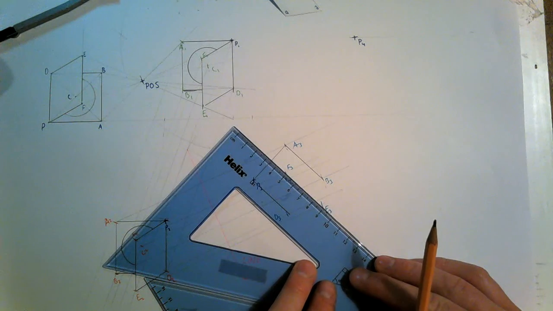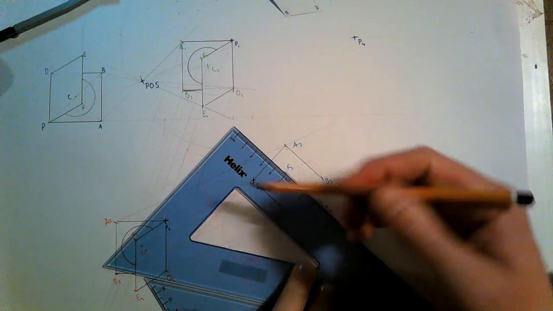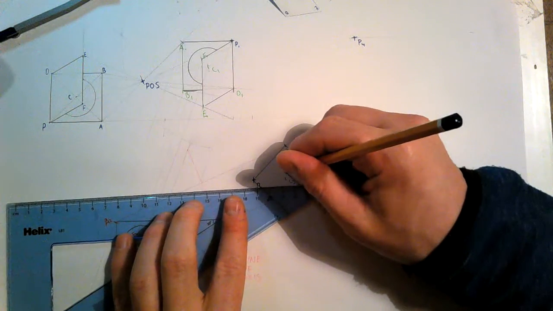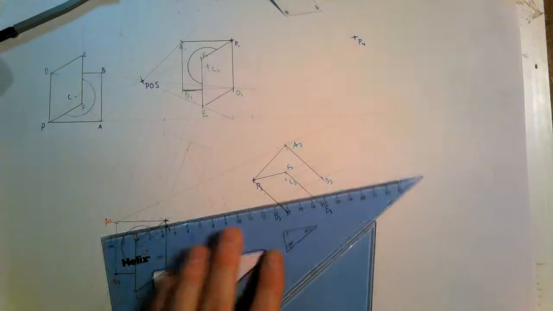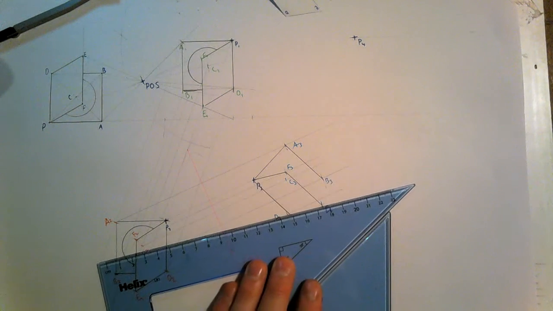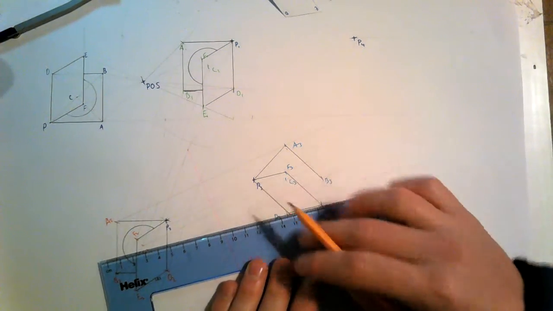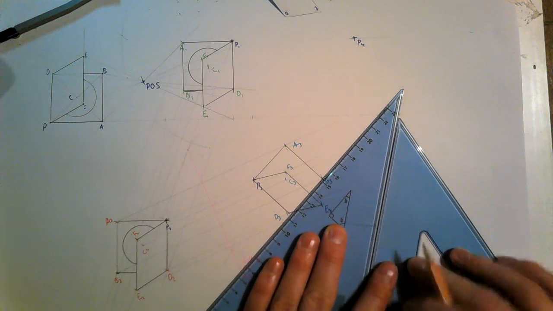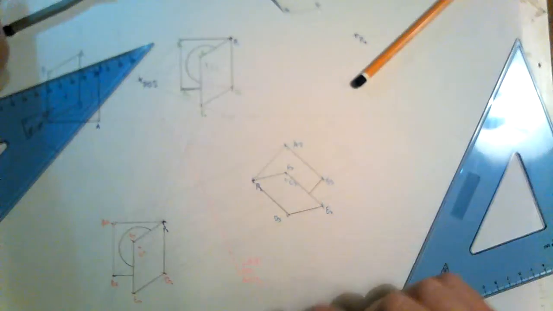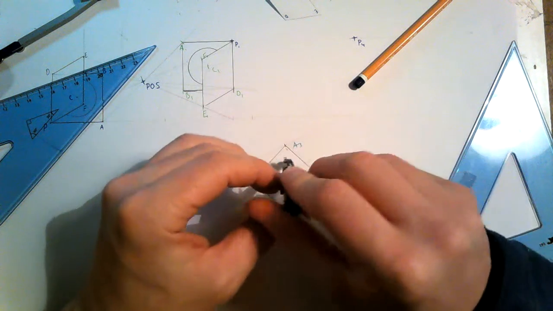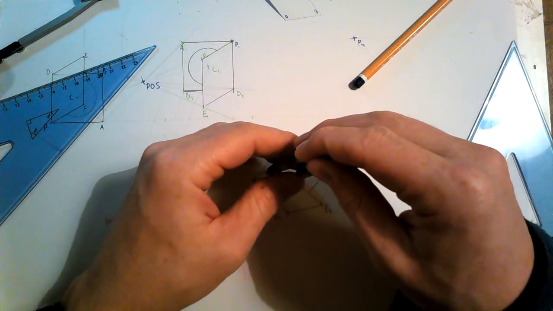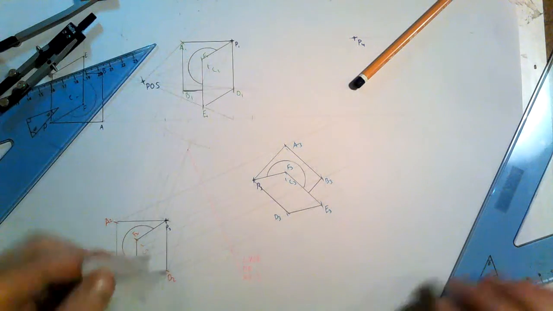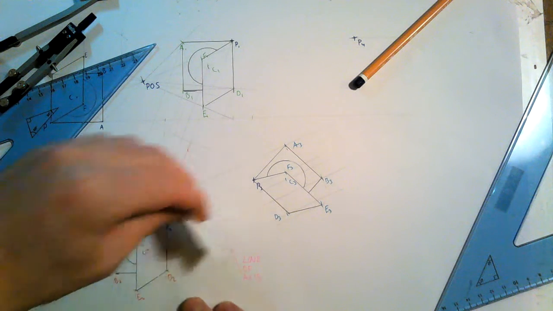E goes to F. F goes to P. E goes to D. Point of the compass goes on C, our center point. And that is axial symmetry.